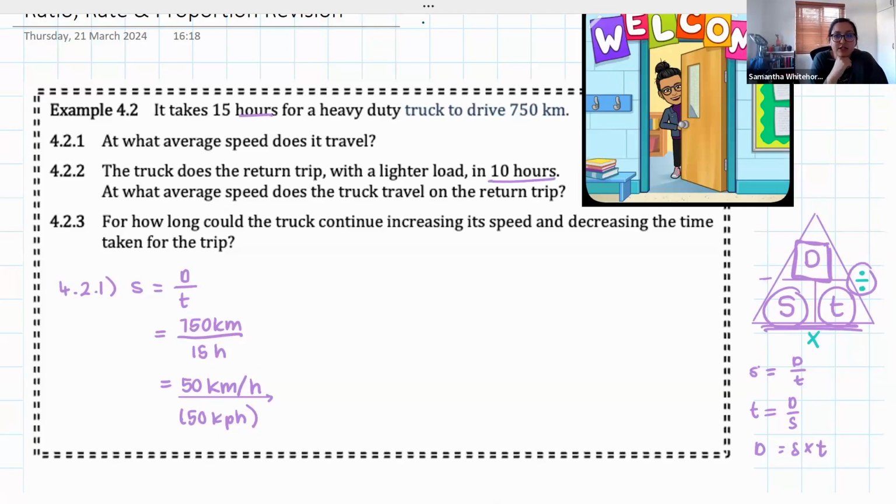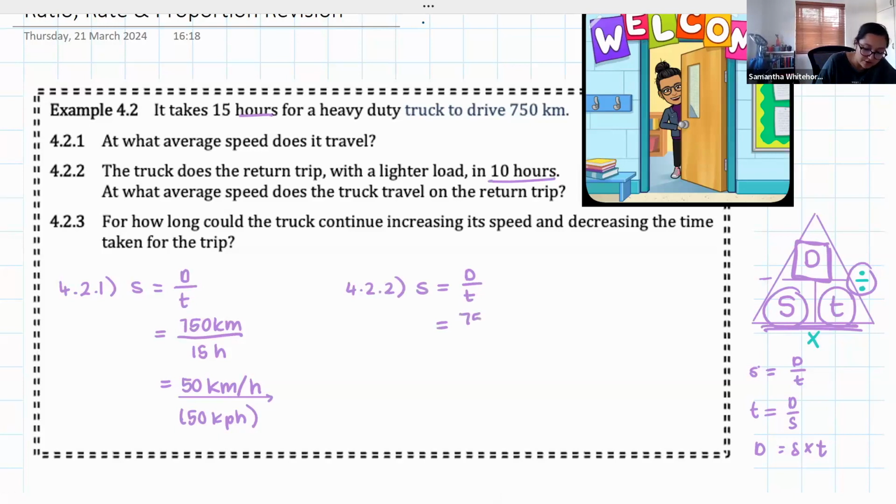Now, guys, if we just think about this, if it took less time, it must have been driving faster. So when we calculate the speed, it should be faster than the 50 kilometers per hour. We still know that speed is distance over time. The distance hasn't changed because it's just returning the same way it came.